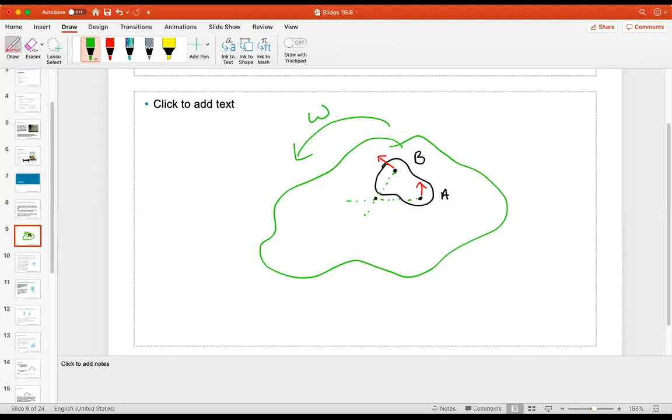So for 2 points here, the place where the lines of action cross must be the center, and your book calls this the IC for Instantaneous Center. I think other books just call it C for center. Anyway, that's the instantaneous center of rotation.